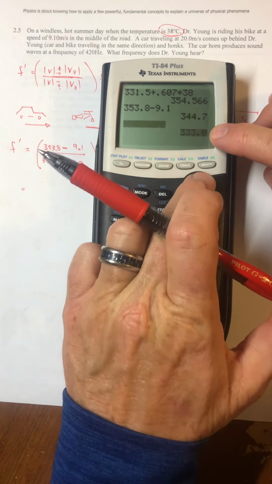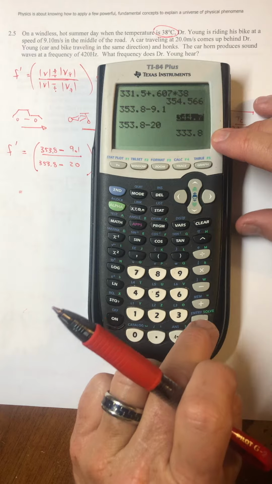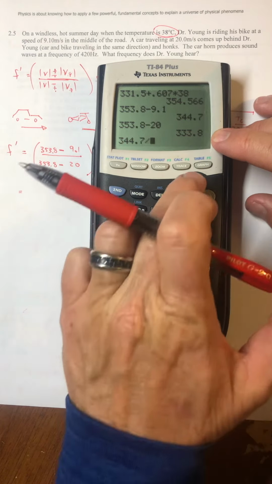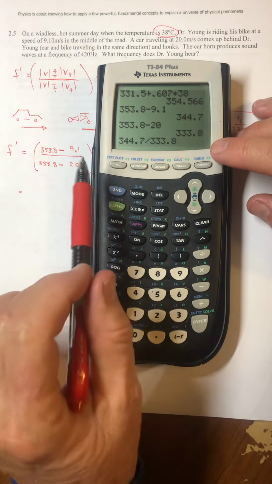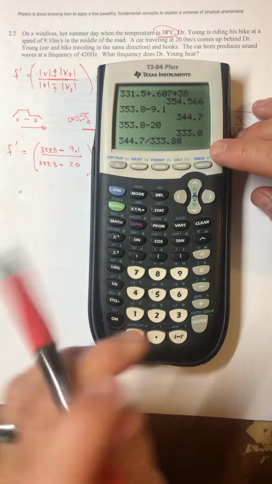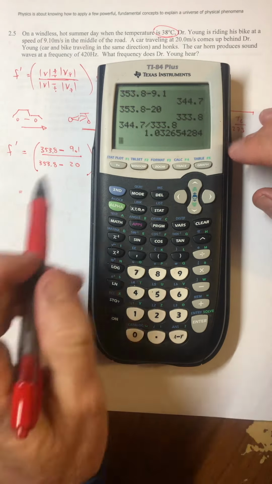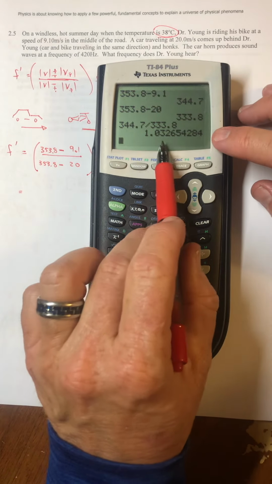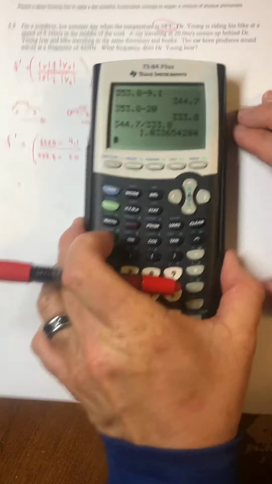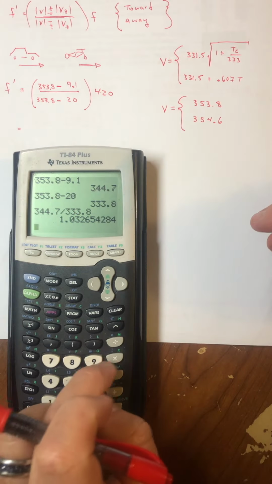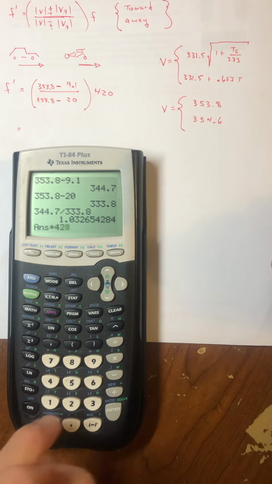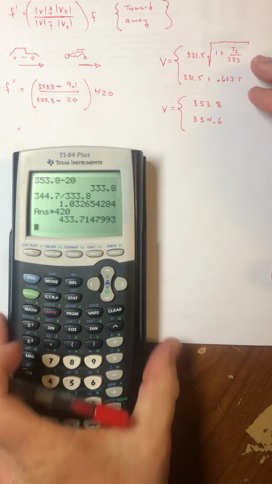Now if I just go back and copy and paste, okay, that's the quotient. And so the frequency is going to be shifted up by about 3%. Then I'll finish by multiplying by 420.